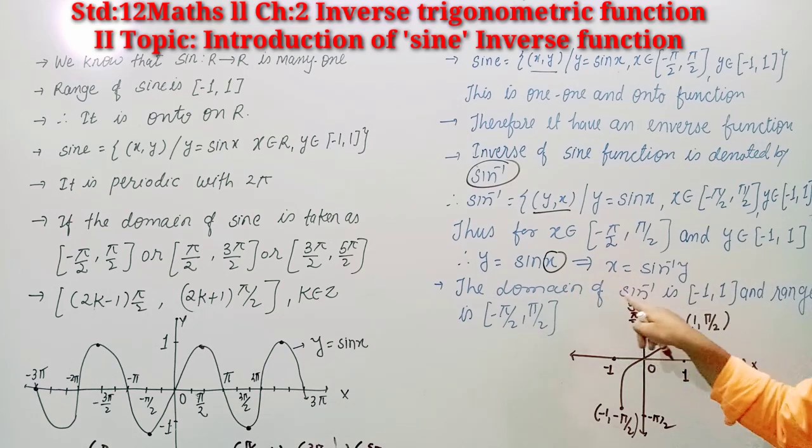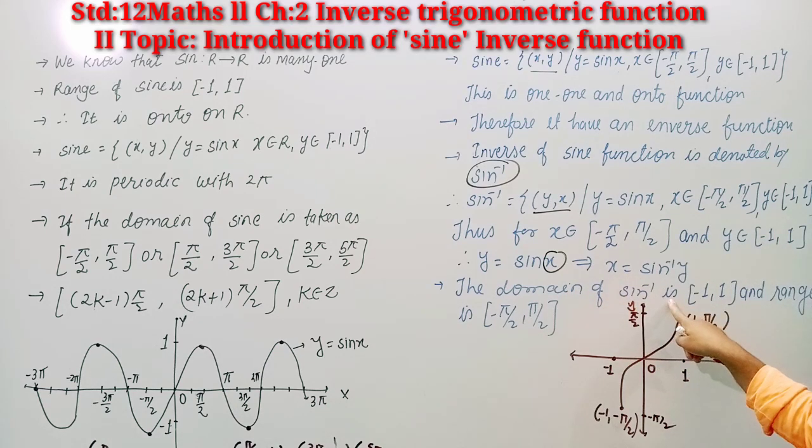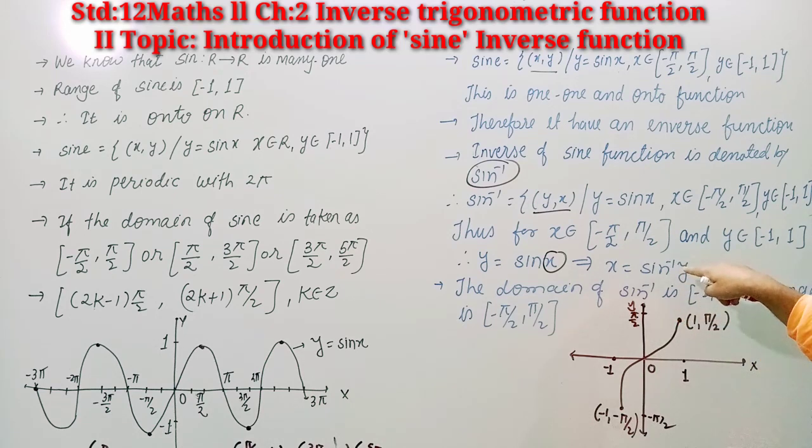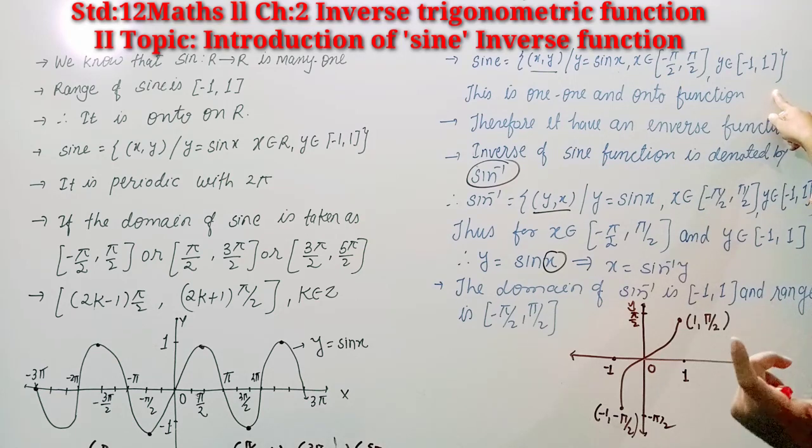The domain of sine inverse, because earlier I have told you that if the domain of sine is minus pi by 2 to pi by 2 and range is minus 1 to 1, if you are finding the sine inverse, the range will become the domain. So domain will be minus 1 to 1 and range will be minus pi by 2 to pi by 2, right students.